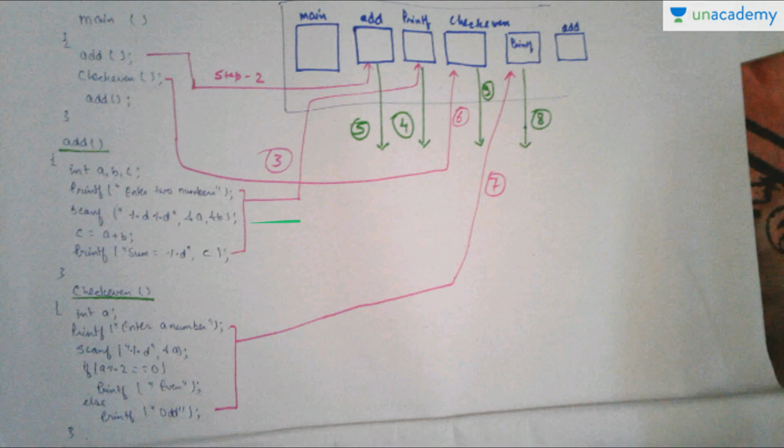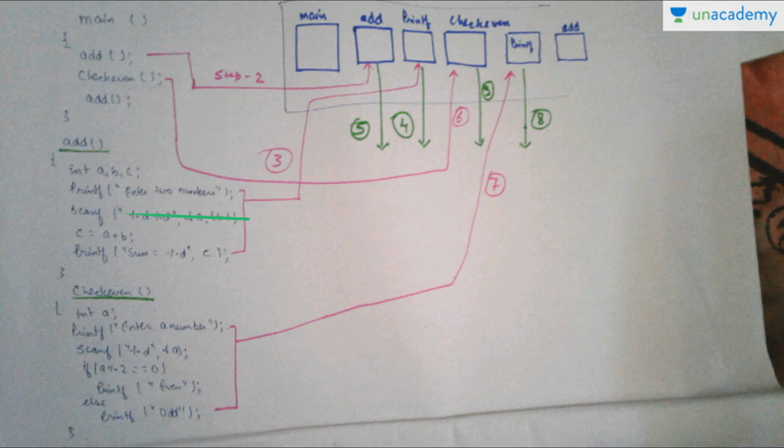So add function will consume some memory inside the RAM, and the main function will be in the pending state, and add function will be in the executing state. So now control will move to the first line of the add function, that is printf.